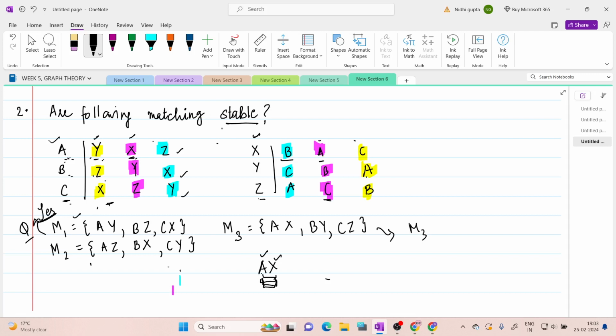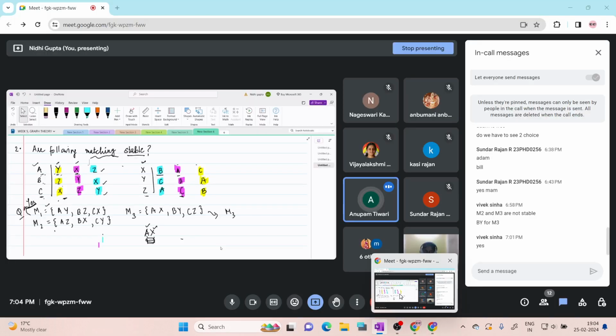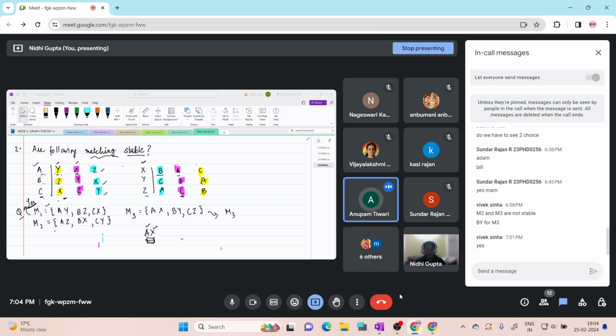But in general, they are stable. If we say from the capital ABC side preferences, then it is not stable, because if we apply the Gale-Shapley algorithm from the ABC side, we get the first matching: AY, BZ, CX.